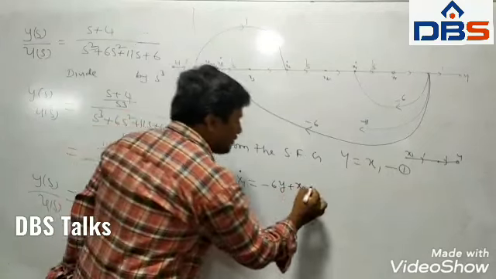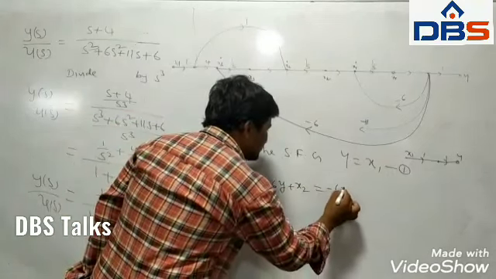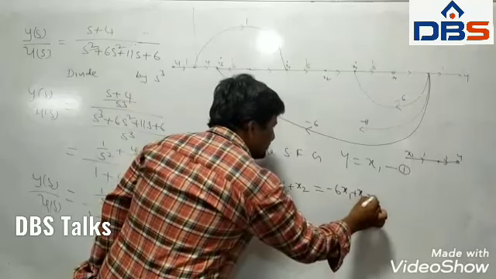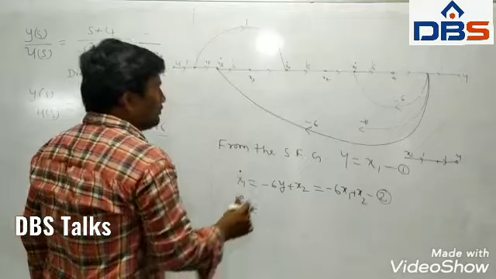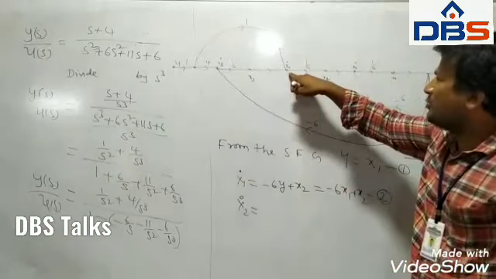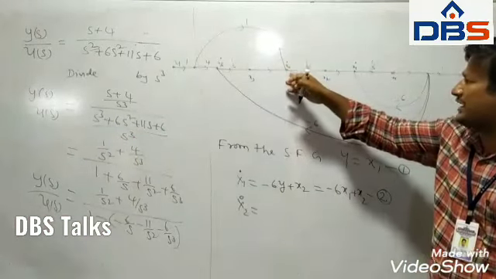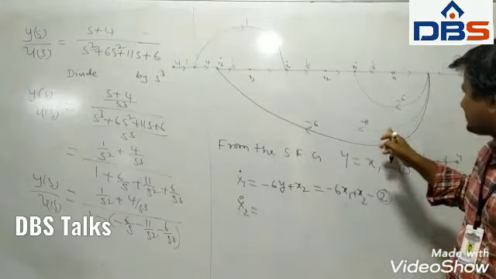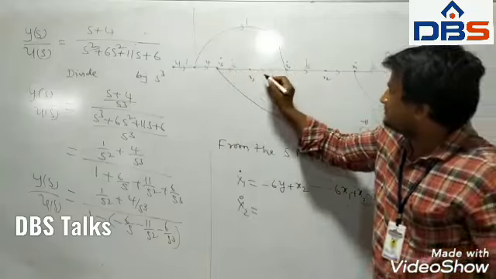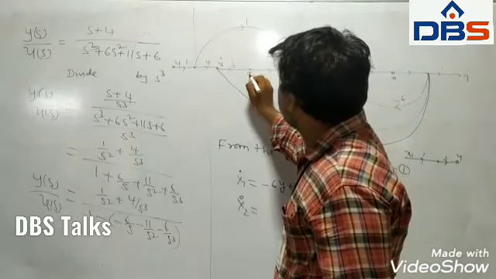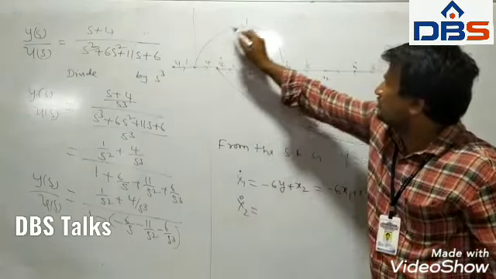But y is x1, so that is minus 6x1 plus x2. This is equation 2. Next one, x2 bar. How many paths are coming to x2 bar? Here minus 11y is coming, and also x3 is coming, and also u is coming.